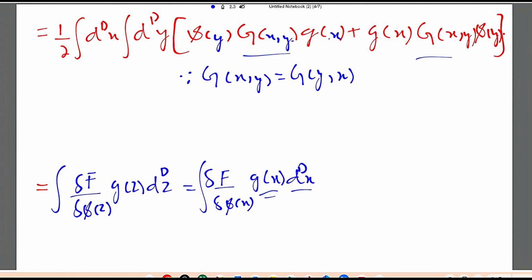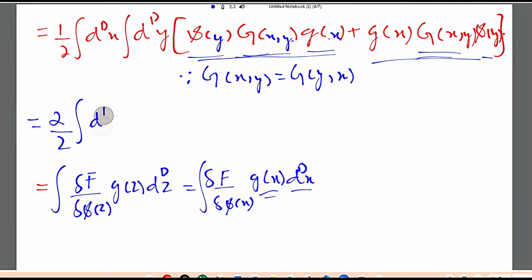Alright, so in that way we have simplified this form, and we can see that now these two chunks are exactly equal to each other. This is g of x, g of x, g of xy, g of xy, phi of y, and phi of y. So they will simply add up, and we'll get 2 since they will add. So I'm just taking 2 outside, and dx.